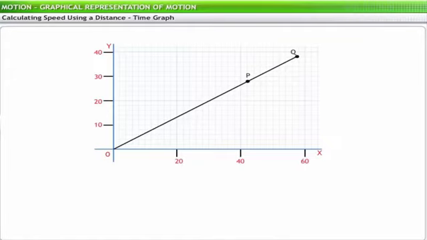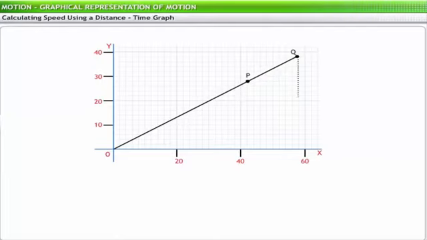Now, let's look at how we can use the distance time graph to make deductions about speed. To determine the speed of an object, consider a segment PQ of the distance time graph of an object in uniform motion.